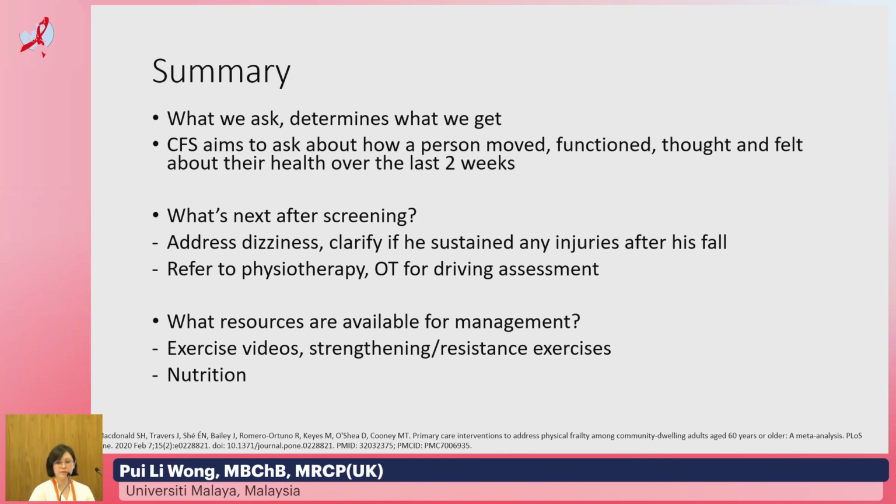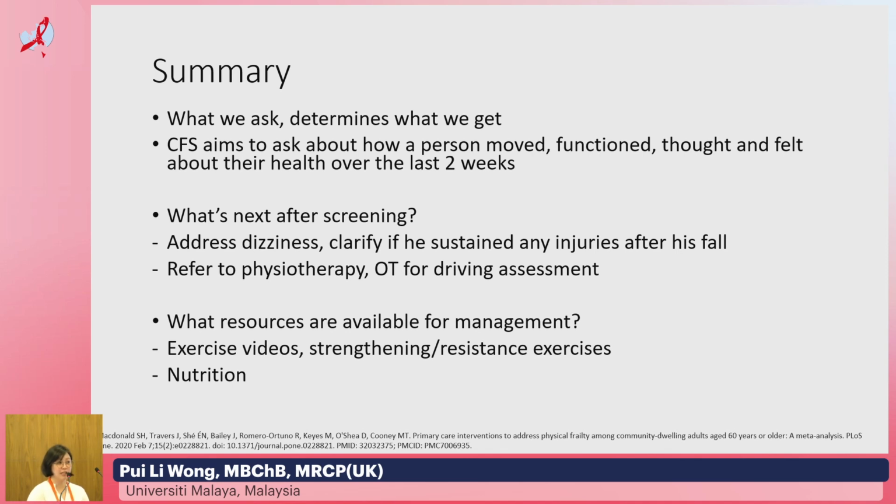Okay, so in terms of what resources are available for management, in general practice, they've also done a meta-analysis in primary care looking at interventions that they can do to improve frailty, or at least physical frailty. And really the summary of it is it's mostly just exercises, whether it's strengthening or resistance exercises, and also looking at their nutrition.